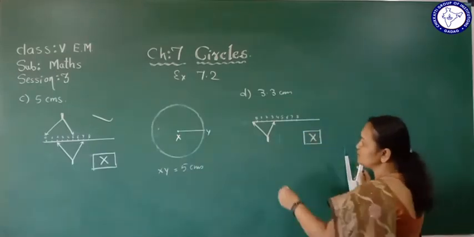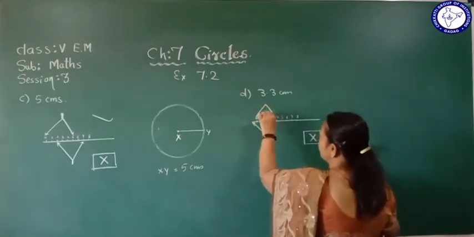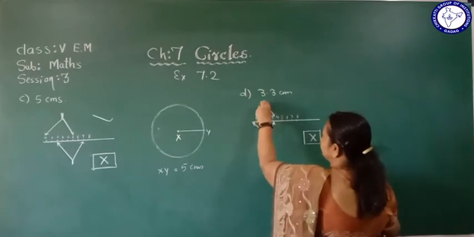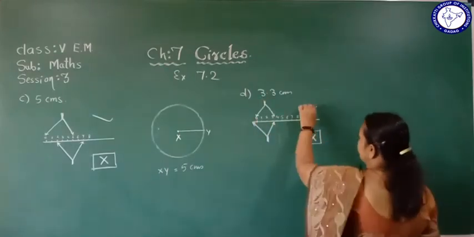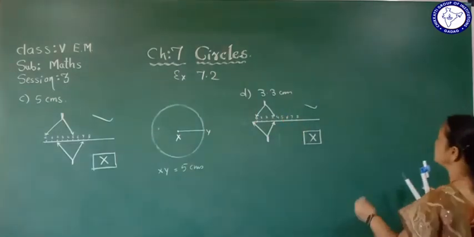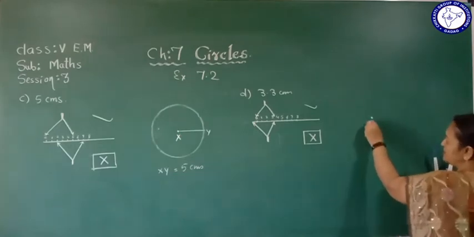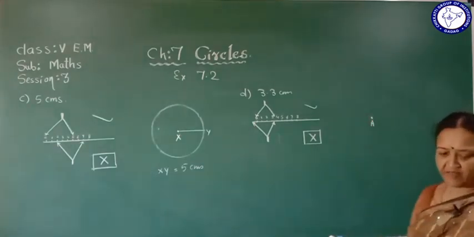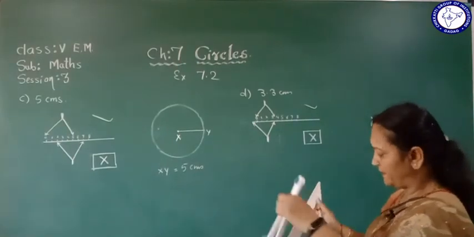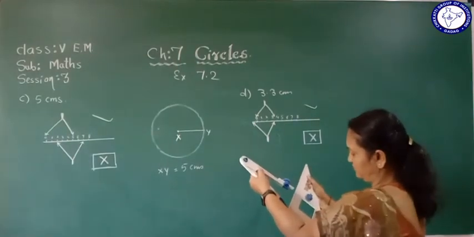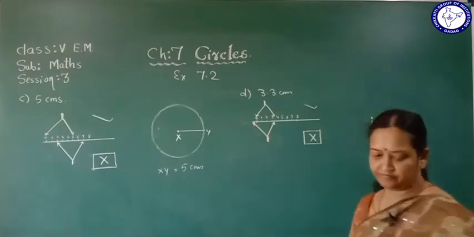What you should do is, from 0 you should keep and it should come till 3.3. This understood? This is the right way. Then let me construct a circle of 3.3 centimeter and name it A. Then measure 3.3, keep on 0 and 3.3.